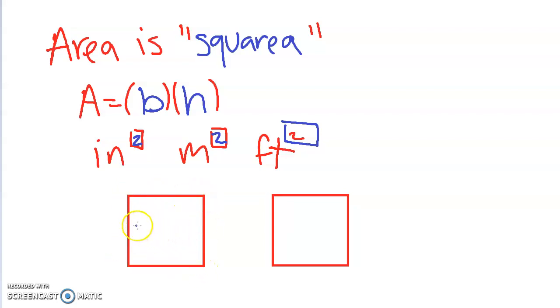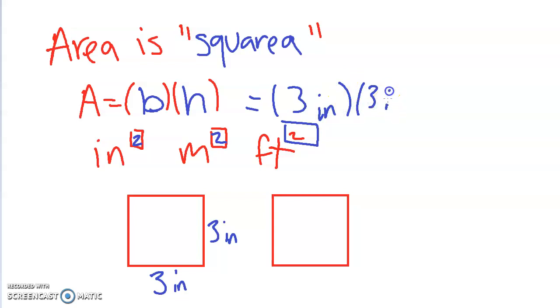All right, so if I said that this has a base of 3 inches and a height of 3 inches, what would the area be? Well, if the area is equal to base times height, then it's going to equal 3 inches times 3 inches. 3 times 3 equals 9, and inches times inches equals inches squared.